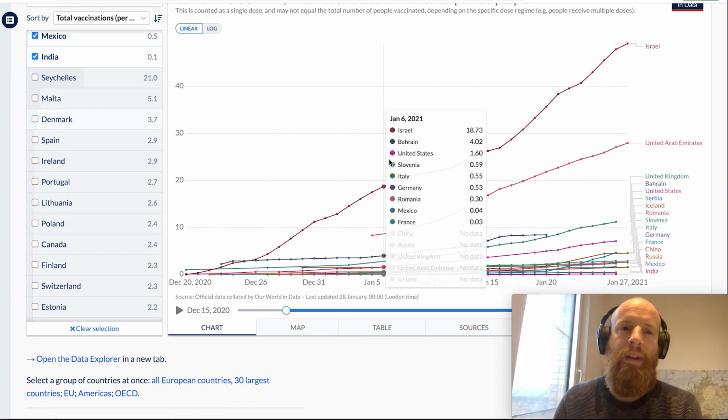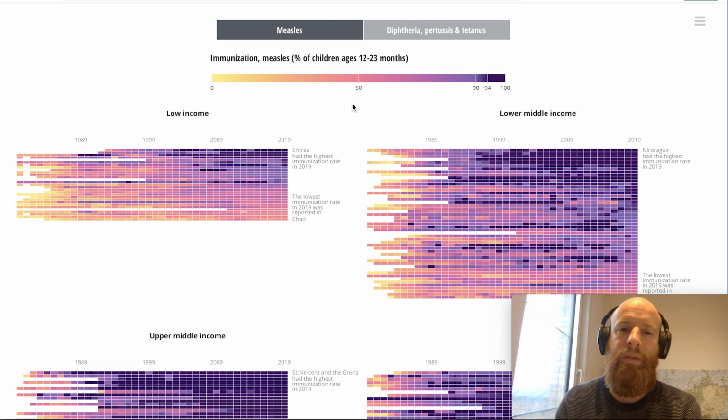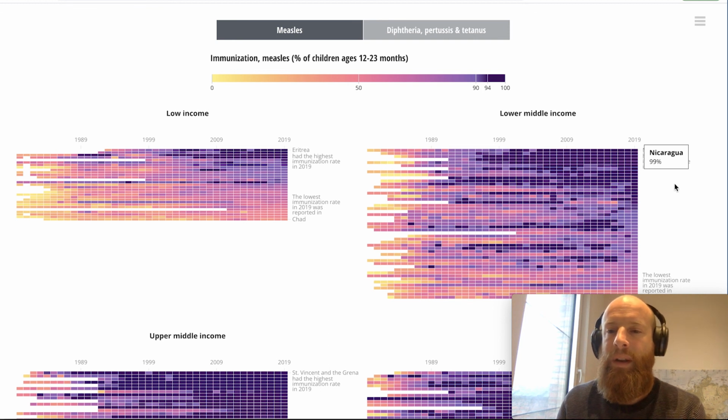And so there are other techniques to show many time series at once, and one of them are these heat maps. So each row represents one country. You can see some labeled here. So in the low income countries, it's Eritrea that has the highest vaccination rate. Here in lower middle income, it's Nicaragua.